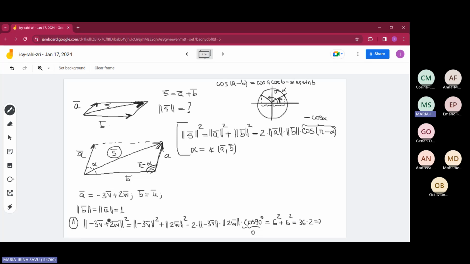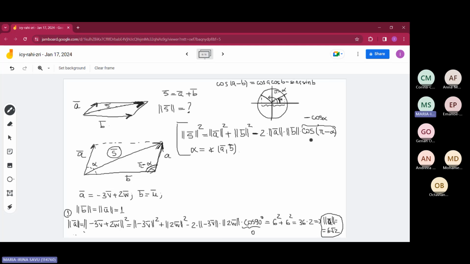So this is the length of A, okay? Let's write this. The length of A. So you have that the length of A is 6 square root of 2.